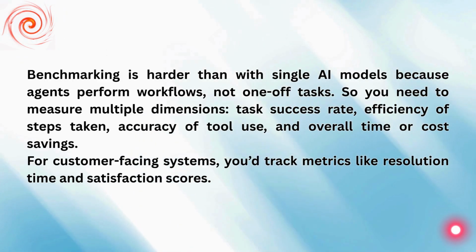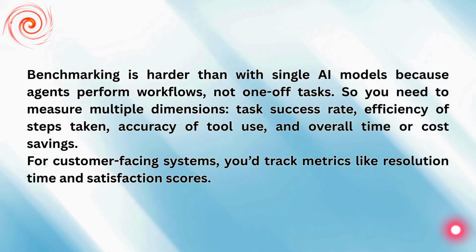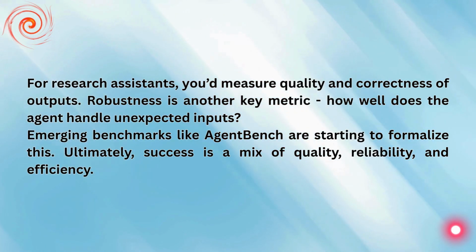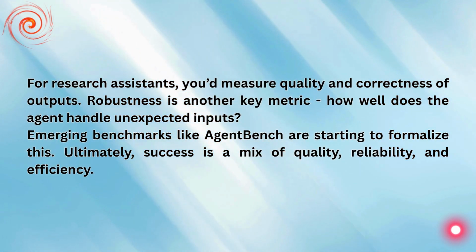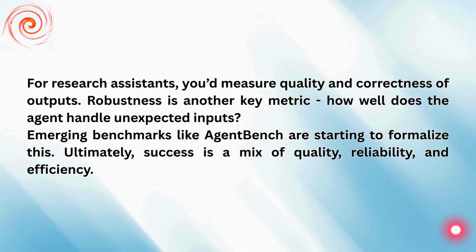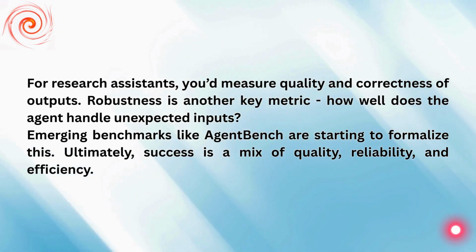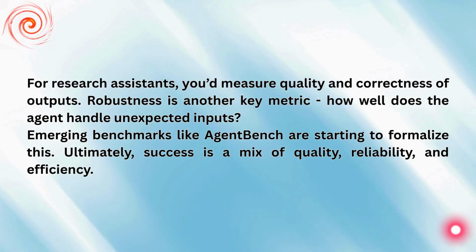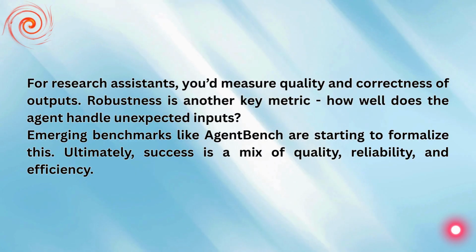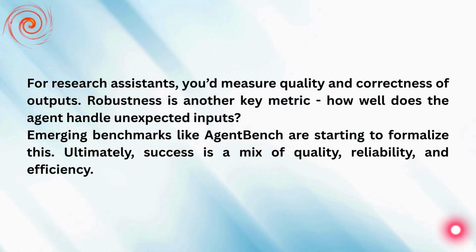For customer-facing systems, you'd track metrics like resolution time and satisfaction scores. For research assistants, you'd measure quality and correctness of outputs. Robustness is another key metric. How well does the agent handle unexpected inputs? Emerging benchmarks like Agent Bench are starting to formalize this. Ultimately, success is a mix of quality, reliability, and efficiency.